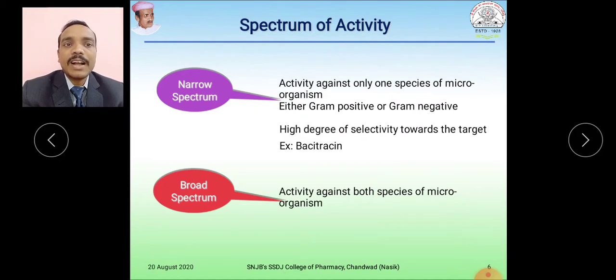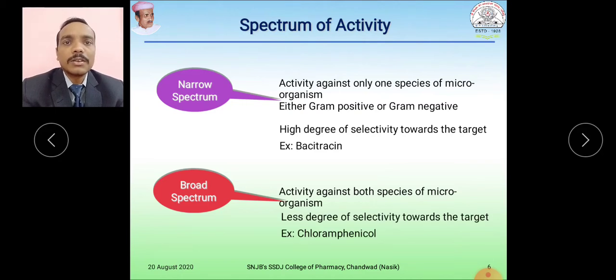These have a high degree of selectivity toward the target because they act against only one species, for example bacitracin. Broad spectrum antibiotics act on gram positive as well as gram negative microorganisms, and because of this they have a lower degree of selectivity toward their target, for example chloramphenicol.